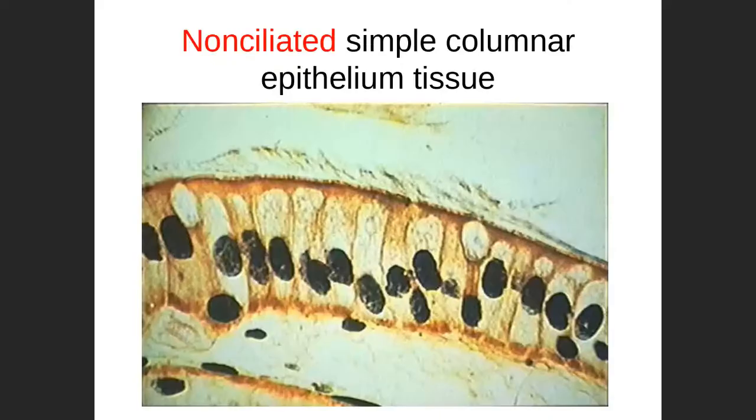All right, moving on to the next type of epithelium, we've got simple columnar, but specifically non-ciliated simple columnar. Non-ciliated simple columnar will not have any cilia involved. It will have microvilli, which is one of the apical surface modifications that we talked about. The three were the microvilli, also known as a brush border when we're looking at histological slides.